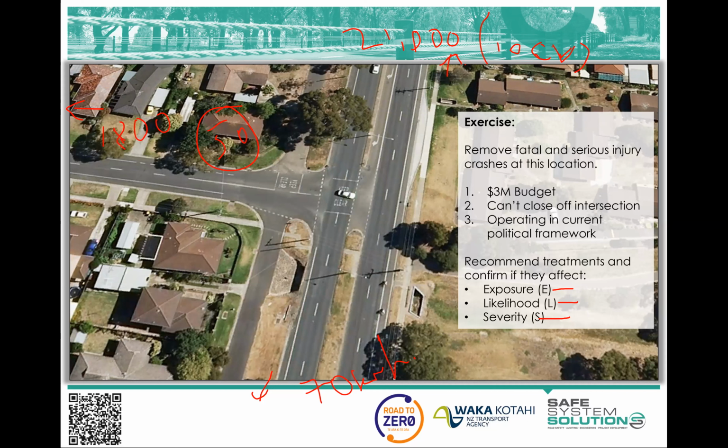I'll give it another minute or so. I'm loving what I'm seeing coming in here. Loving the fact that people are really starting to get into that exposure, likelihood, and severity allocation of infrastructure. Price on RIOR, a rural intersection activated warning electronic sign, or that side road activated speed sign?